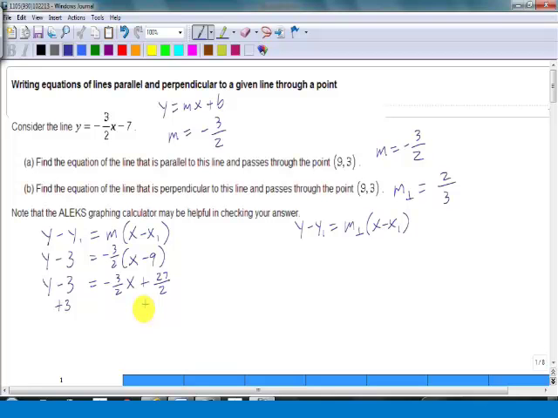Call it 6/2. 6 over 2 equals 3. So I'm going to add 6/2 to the right-hand side and get y equals negative 3/2 x plus 33/2. Anybody notice any careless mistakes that I've made? I haven't made any deliberately, but sometimes accidentally.